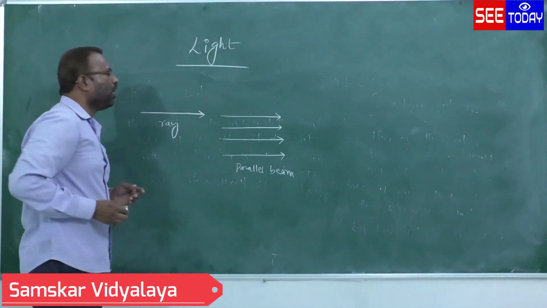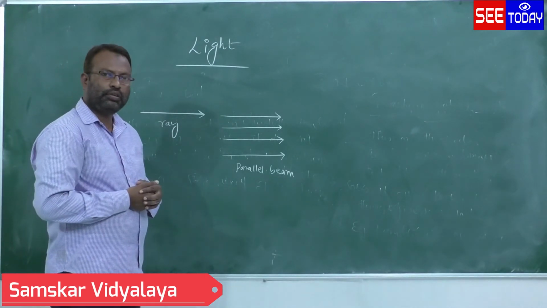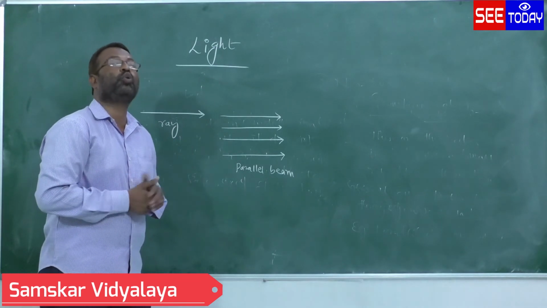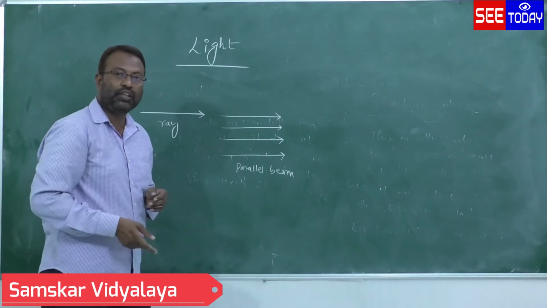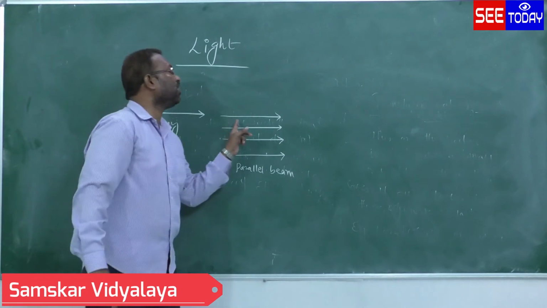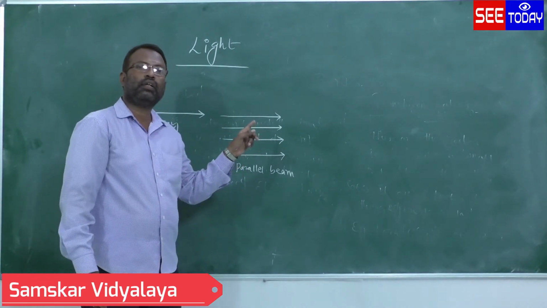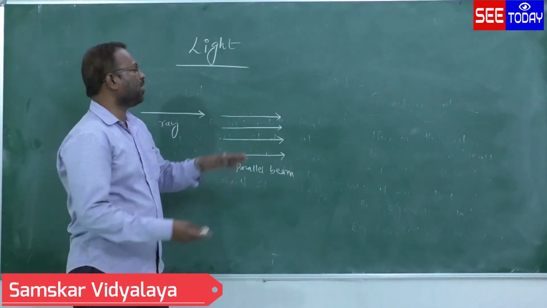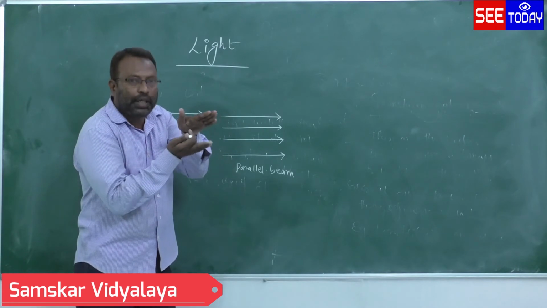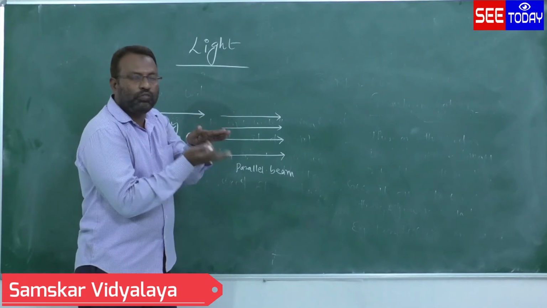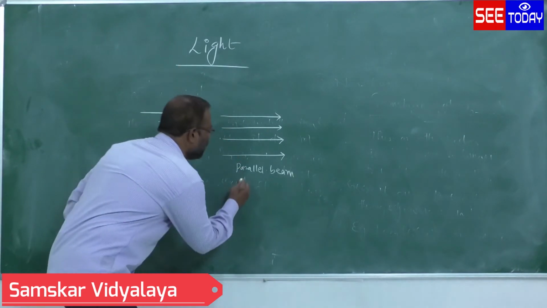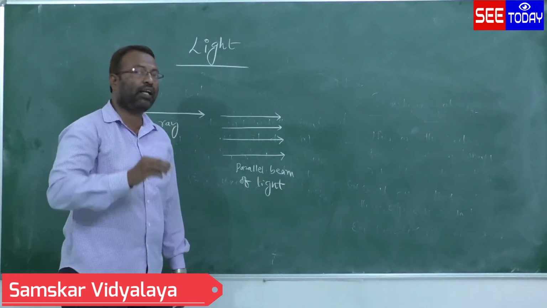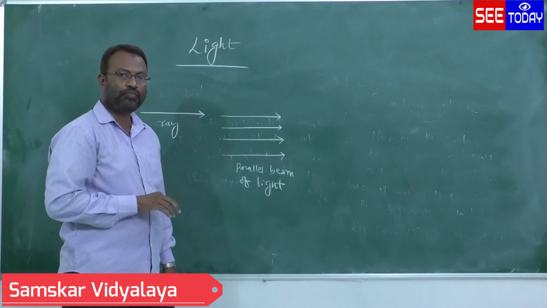A single ray is not possible from any source. A group of rays is emanating. This is called a pencil ray. These pencil rays will come out in parallel form. We will call it a parallel beam of light.